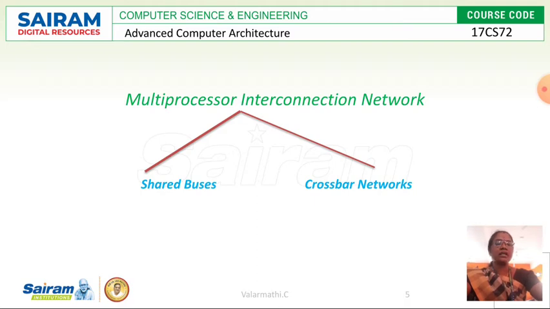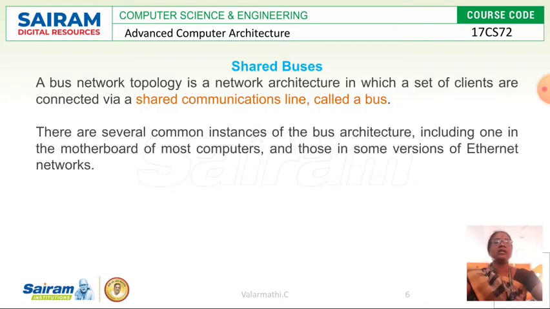In a shared bus the connections between the elements are permanent and will not change. But in dynamic networks, that is crossbar networks, the connections are temporary, so they change based on the demanding situation. This is the difference between shared buses and crossbar networks.